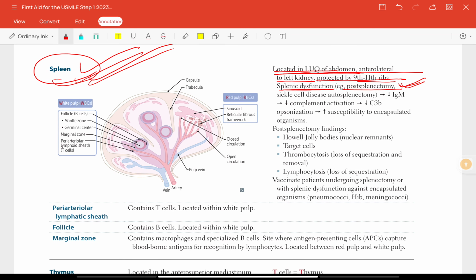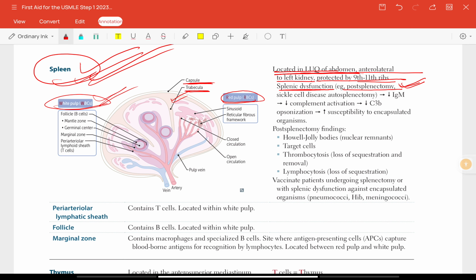It is covered with a capsule, and the inner invaginations are known as trabeculae, as in a lymph node. It consists of two parts, the red pulp and the white pulp.